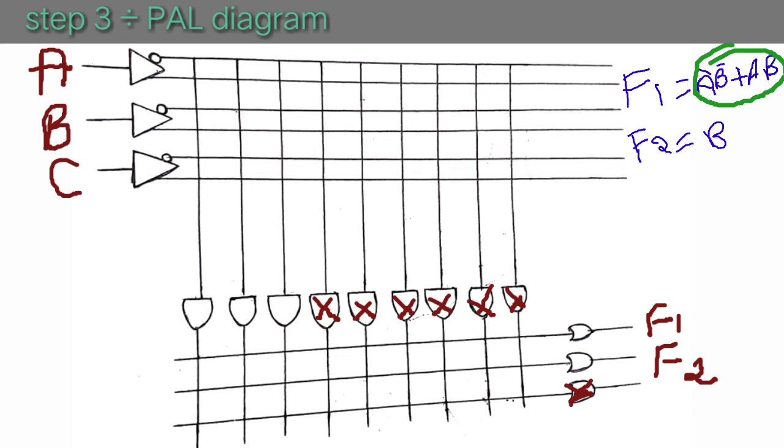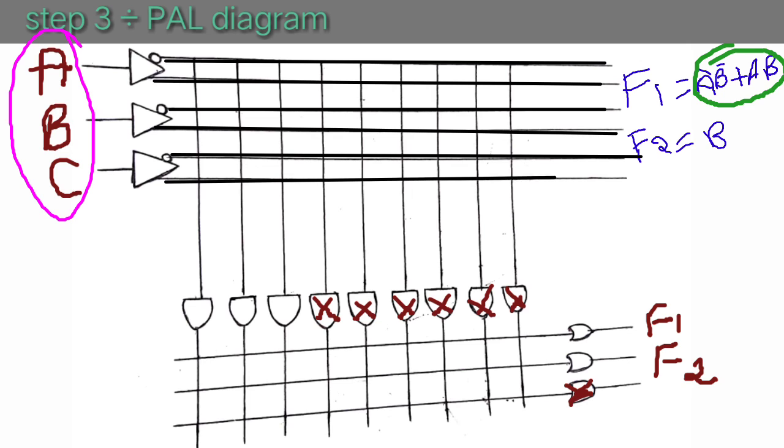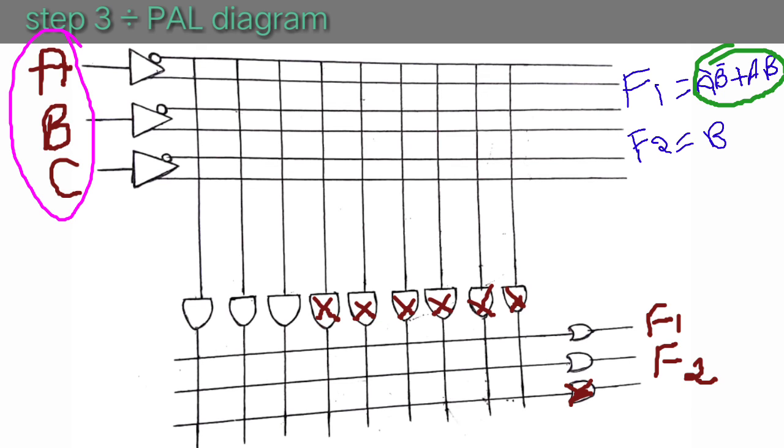How did we get A bar B bar? Above, on the input side, A, B, C are given. In the diagram, the first line after the NOT gate is the complement of the input, and the second line is the actual value of the input. Similarly for the remaining inputs. The F1 function's first product term is A bar B bar.